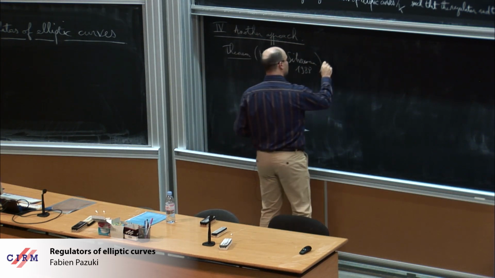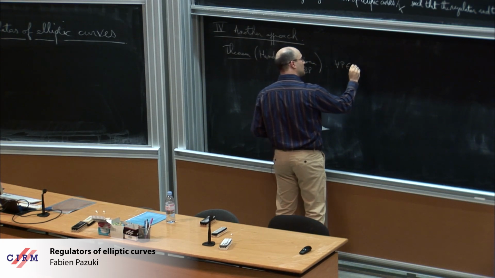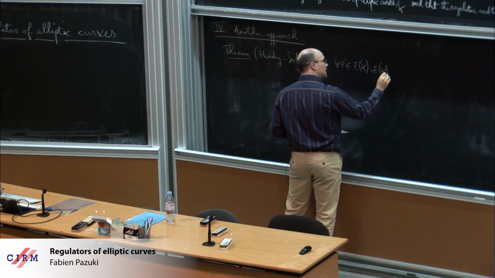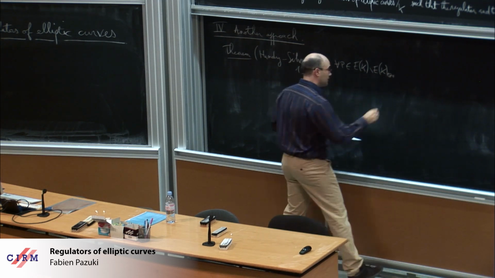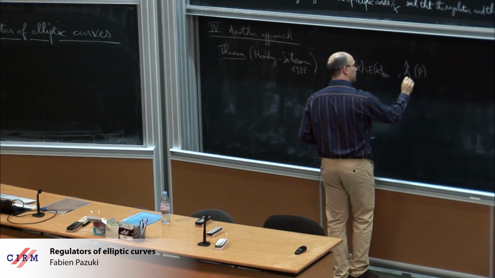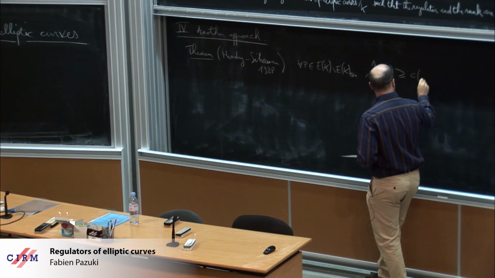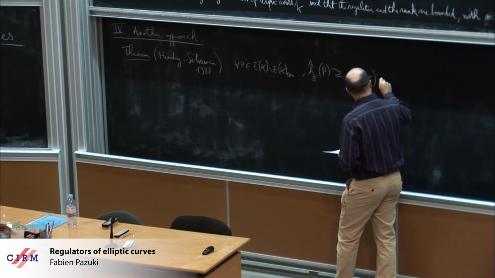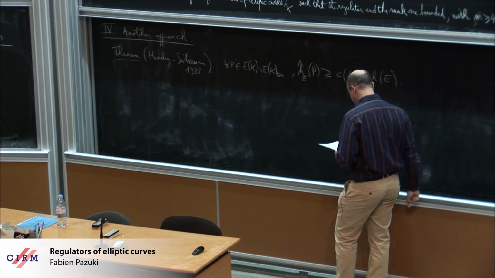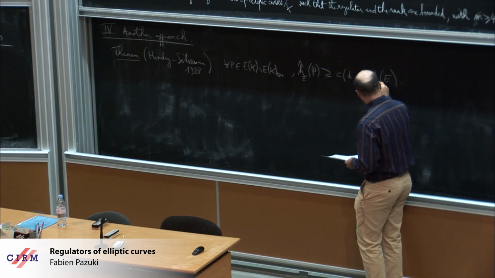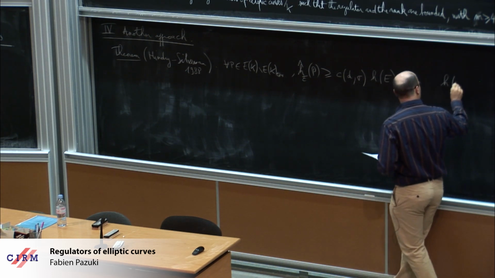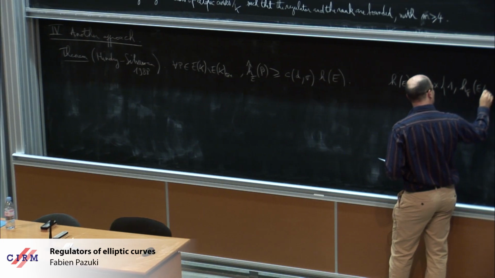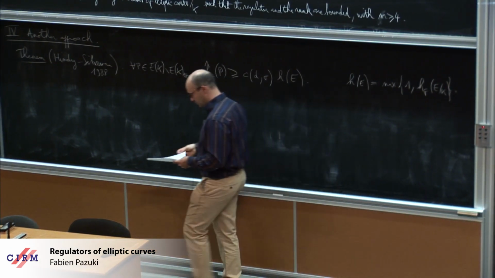It gives the following lower bound for any point P, the setting is the same: for any point P in the elliptic curve that is not a torsion point, the height of P on E is bounded from below by a quantity depending on the degree of the field and the Spiro quotient times the height of E. Here, put the height of E to be the max of 1 and Faltings' height, if you want.